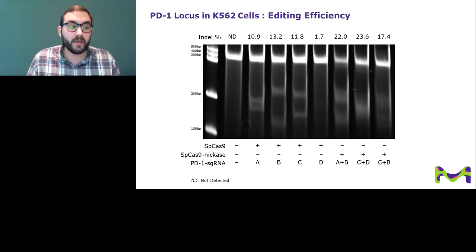But interestingly, we see that they appear to function even better as a paired system, with 17 to 25% indels in the paired Nickase system, even when using the 1% editing guide. This is a very promising initial testing of the target, but we needed to move forward onto the testing in CD8 positive primary T cells to see if the editing can be functionally used.